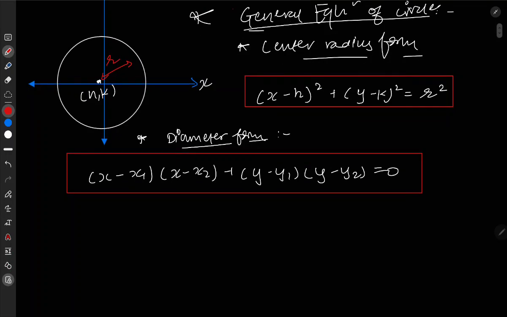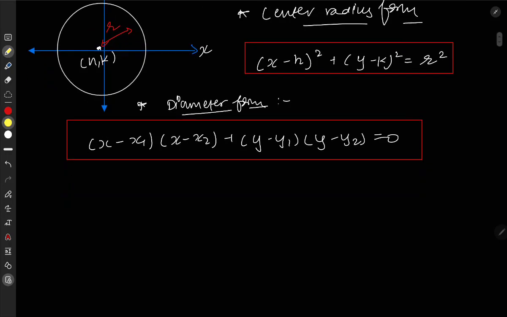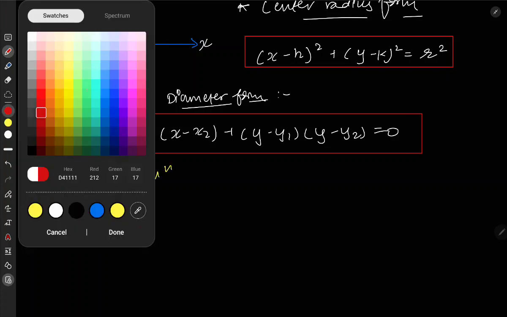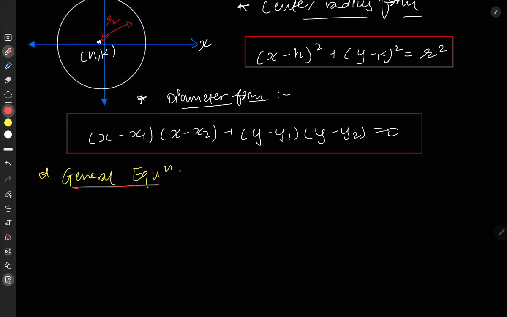So now let us move further and go into the general equation. This is quite important.